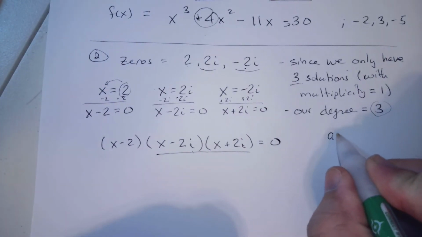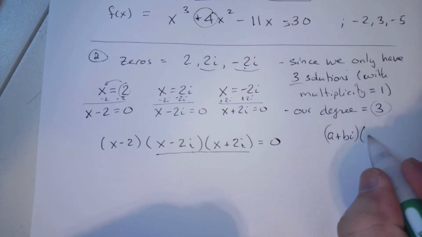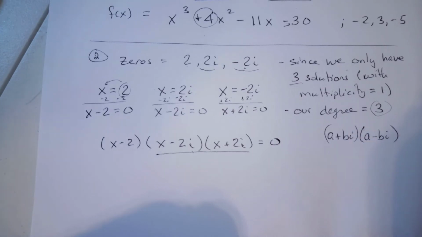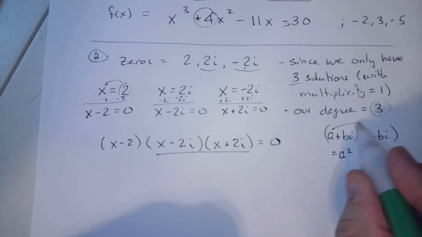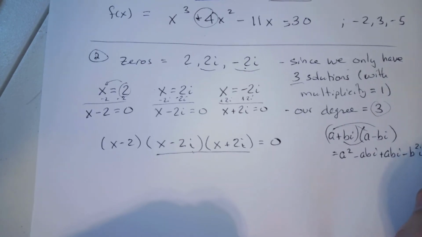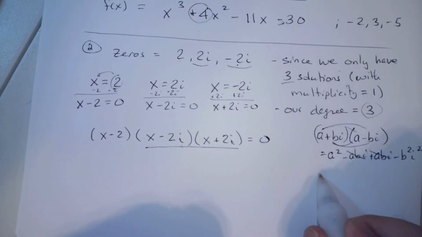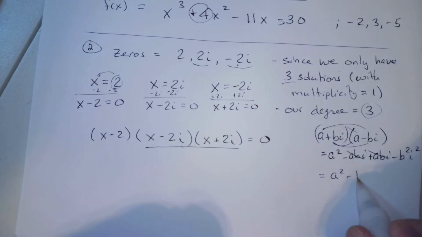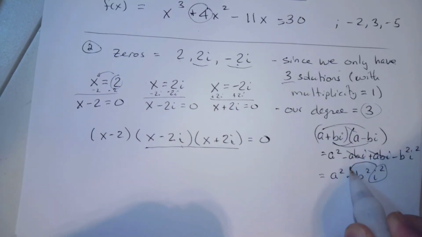If I have a plus bi, and I multiply it by its conjugate, a minus bi, we get a squared minus abi plus abi minus b squared i squared. That's the last terms. The middle terms cancel. And i squared, all it does is change the sign of its coefficient.